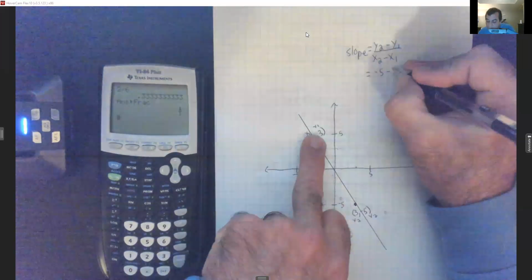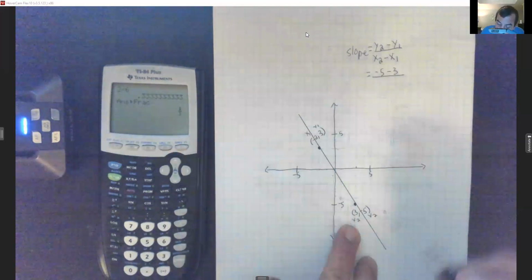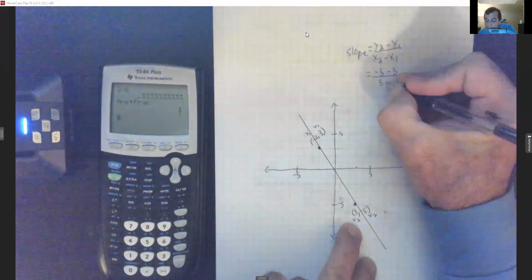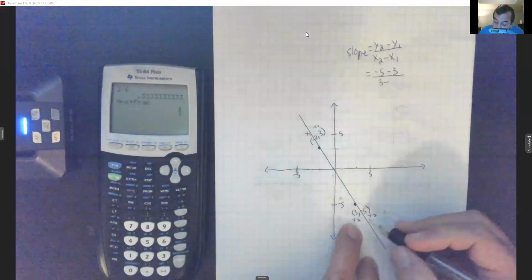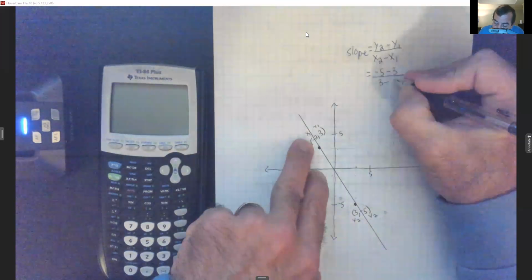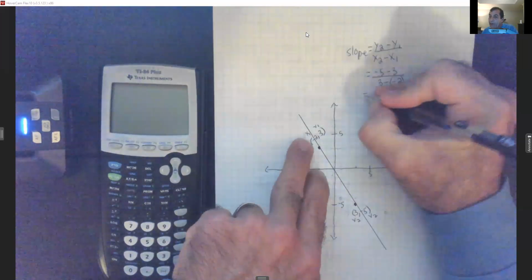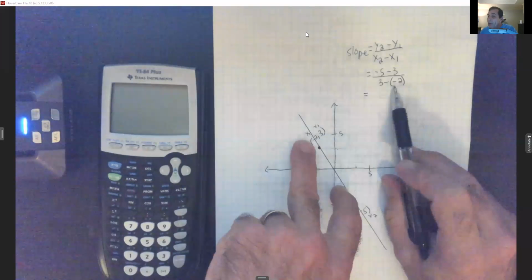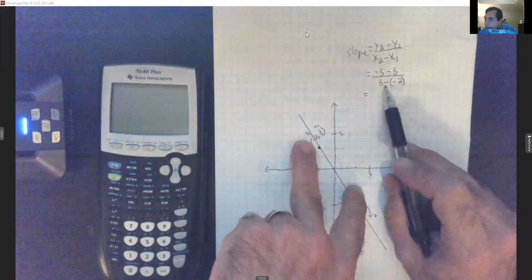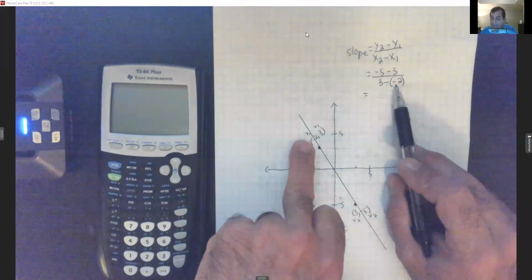On the bottom will be my x2, which is 3, minus my x1, which is a negative 2. So what I usually do on that is put my second number in parentheses. So I remember you got that subtraction there, and then you're putting in a negative number, okay?